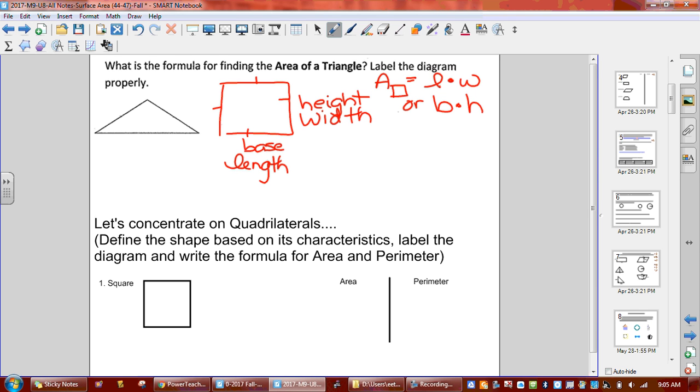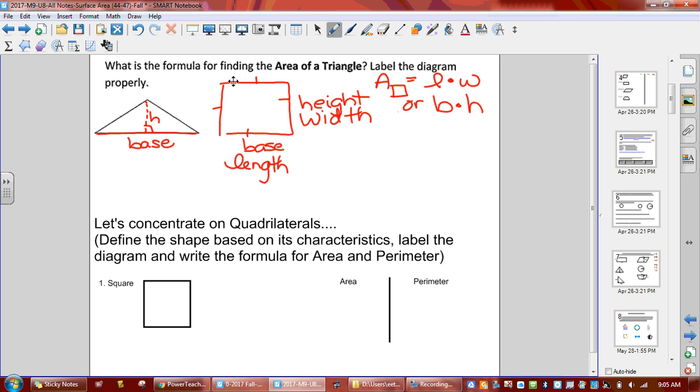Now, with a triangle, if it's not a right triangle, so if you don't see a 90-degree angle, then you have to find the height of the triangle, and that becomes your h. The longest side here becomes your base. So, how many triangles could I put in that square? Yeah, 2.